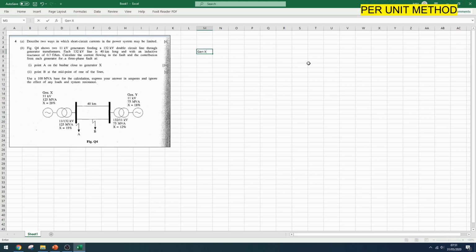So you have your Gen X, then you have your transformer X, and then you have your bus. Your bus, okay. So bus bar, fault at A. Bus X, I call it.